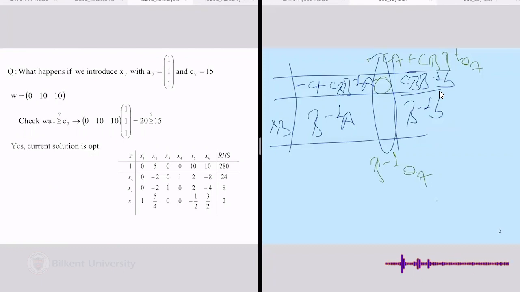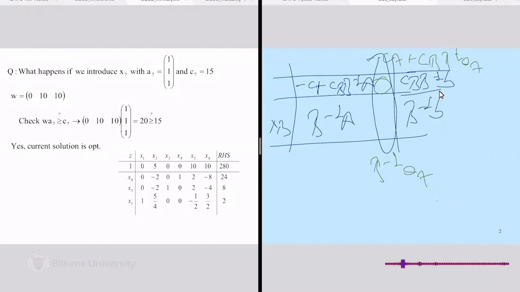There's a new guy who wants to consume from the same resources. But I can say, okay, go away, I'm not giving you any. So I can just say that this x7 is 0. When x7 is 0, everybody else was already feasible in my current optimal solution. So with the addition of a new variable, I can never lose feasibility, because I can say, okay, I'm not producing you.